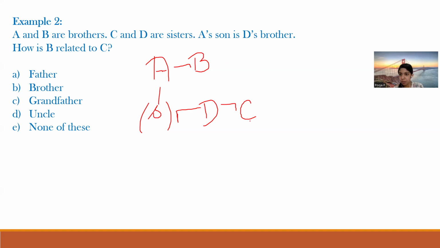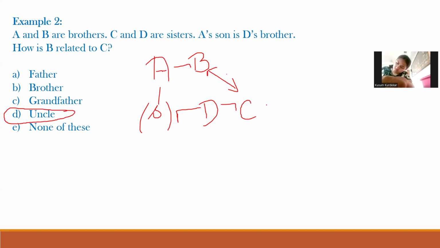We do not know that, as it's not specified in the question. When it is not explicitly mentioned that B is a father to D or C, we cannot decide the relationship. So the relationship will be uncle. Parents will be decided only when it is mentioned in the question. So option D, uncle, is the right answer.